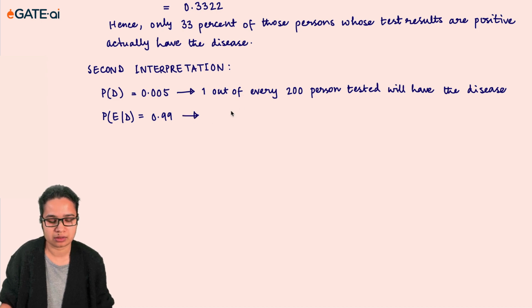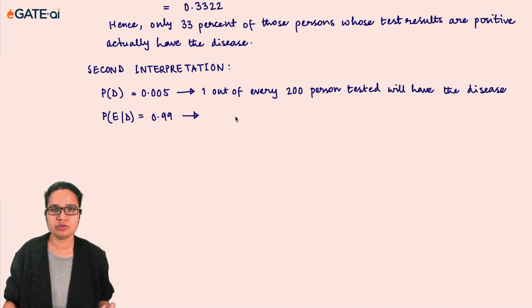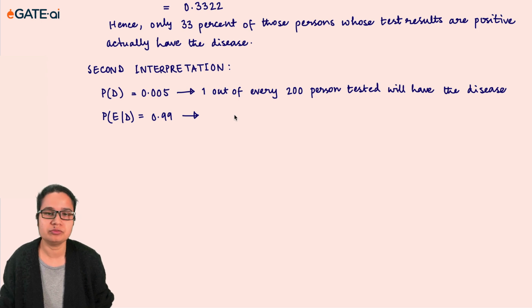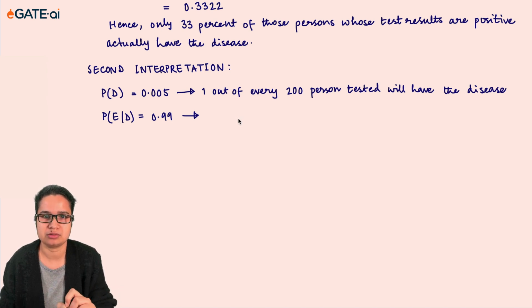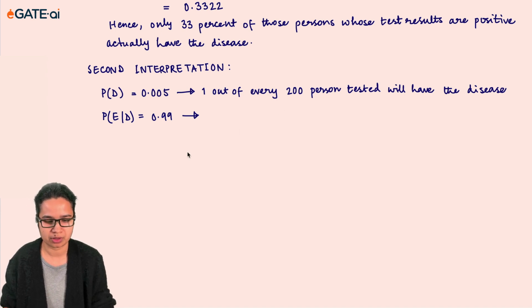That means that out of every 200 tested, only one will have the disease, and the test with 99% accuracy will tell you that a person has the disease. So the test is 0.99 effective in finding out that a person has the disease, because for every 200 tested, you actually have one person who has the disease.